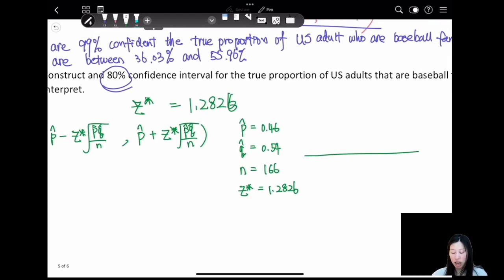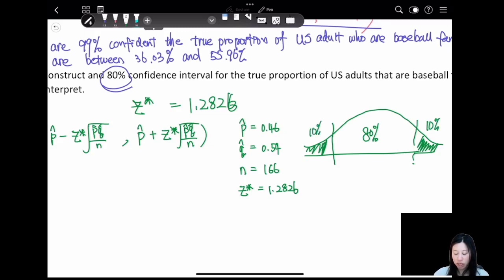You can standardize the distribution, and since we want the net to catch the fish with 80% chance, that means each tail is going to be 10%. We're trying to find the cutoff value for the 10% on a standard normal distribution, where the mean is 0 and the standard deviation is 1, so the cutoff value would be 1.2826. You can also find it by looking at our notes.